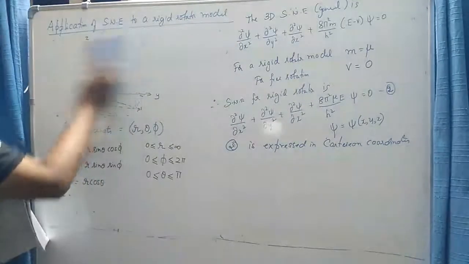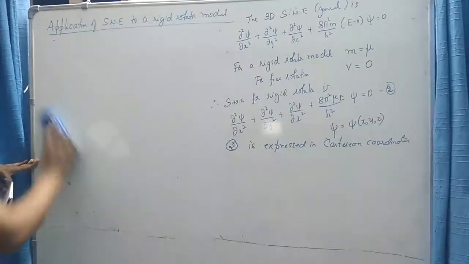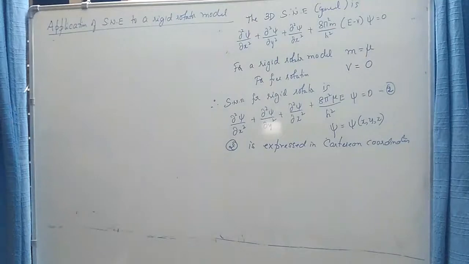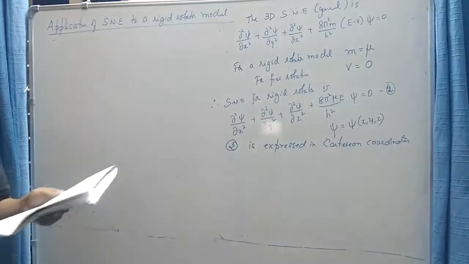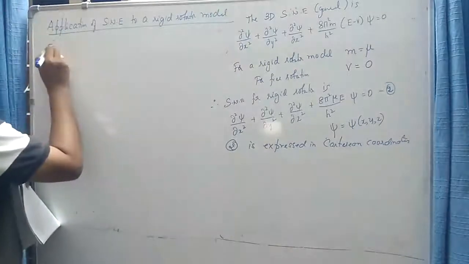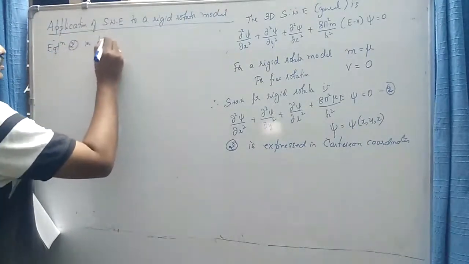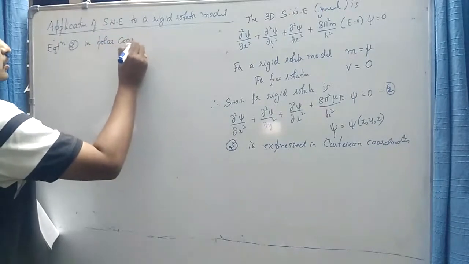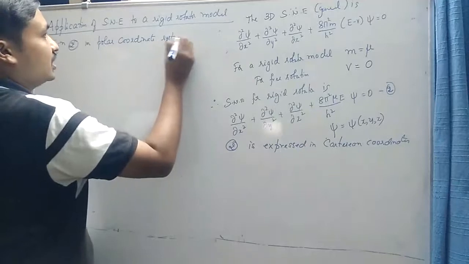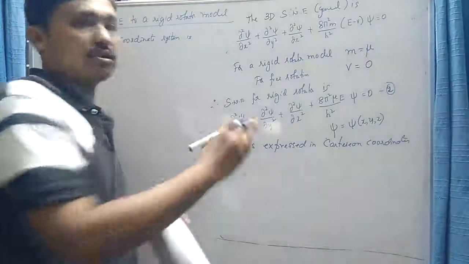So let us now rewrite equation number 2 into another equation, equation number 3, where the Schrodinger wave equation is expressed in the polar coordinate system. How to convert this equation from Cartesian coordinates to polar coordinates?